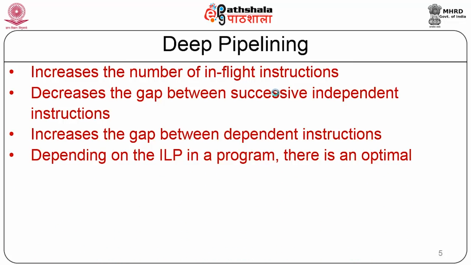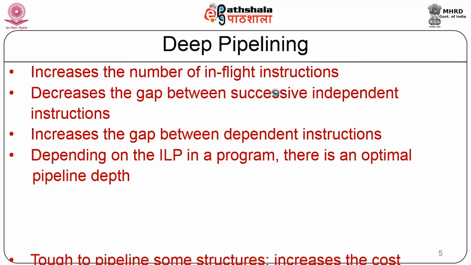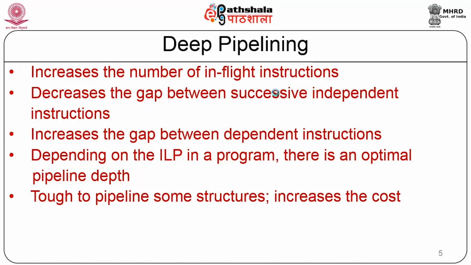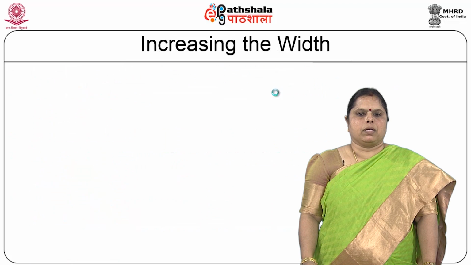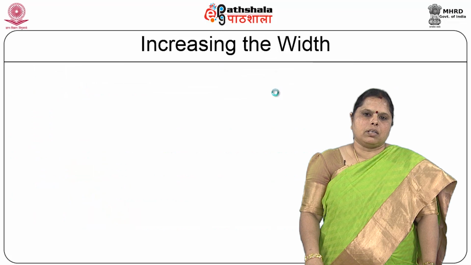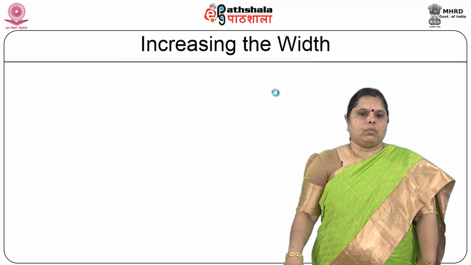But depending upon the ILP in the program, there is an optimal pipeline depth. You can't have too few stages in the pipeline, and you can also not think of too many stages. So, there is an optimal pipeline depth that you will have to look at. It is also tough to pipeline some structures, and it increases the cost of bypassing. These are some of the characteristics of increasing the depth of the pipeline.